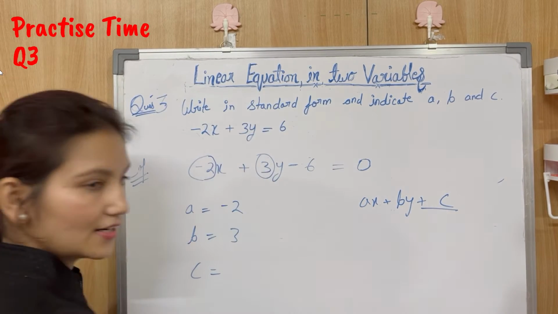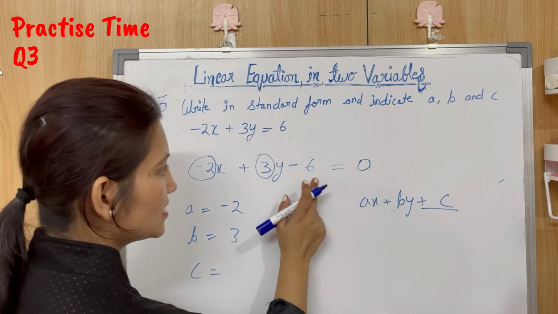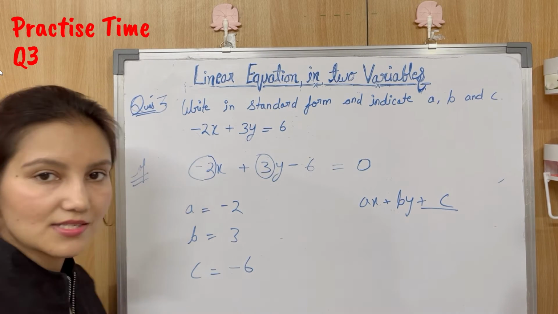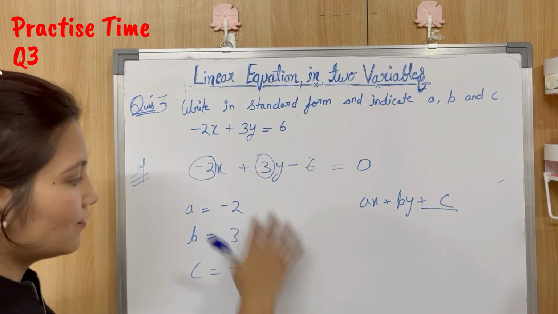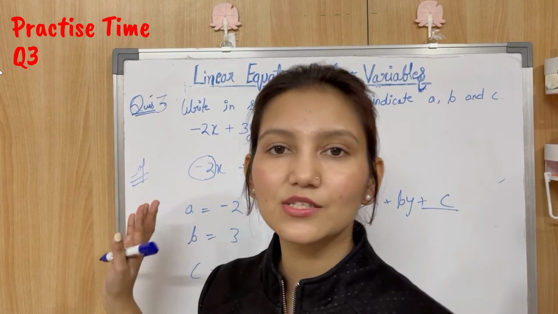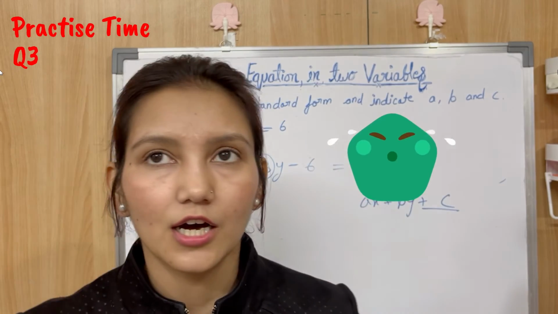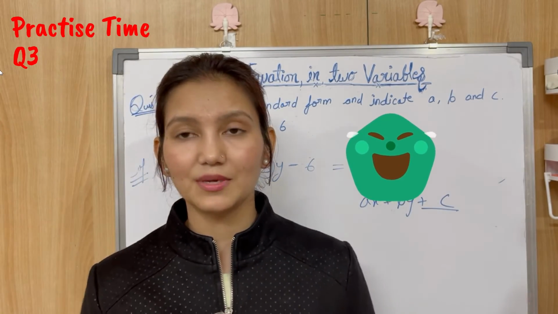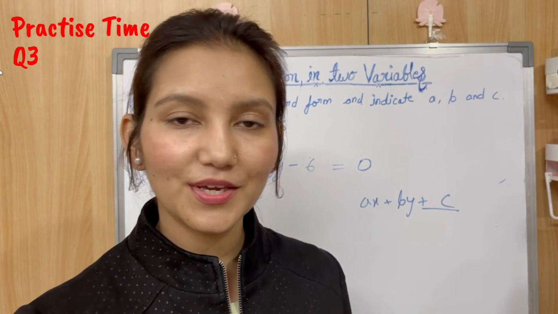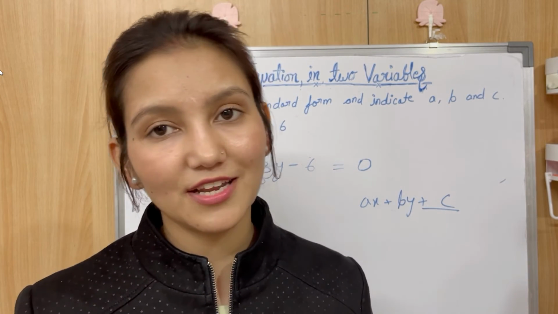So C is minus 6, right? Be careful while writing these values, because you may get this as a 1 mark question in your examinations. Now let's move on to the next topic of the day.